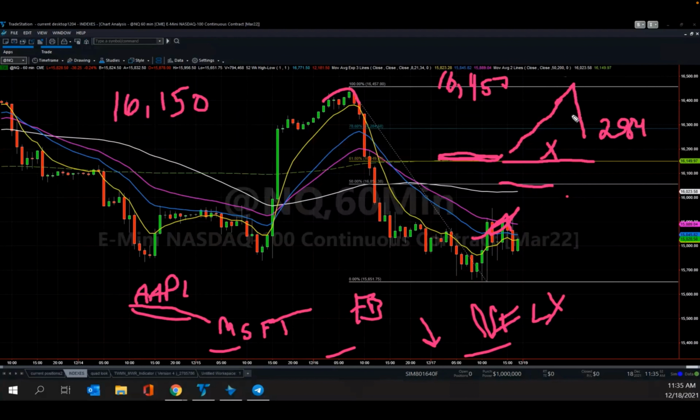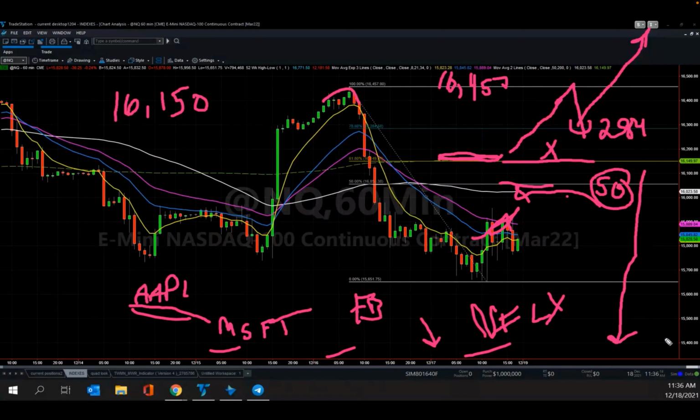And if you fall back here, find support, then you can potentially make the next leg higher. If you fail these levels and you break the hourly 50-period moving average, the white one, then it's going lower and it'll flush. And let's try this whole thing all over again. And that's how it works.